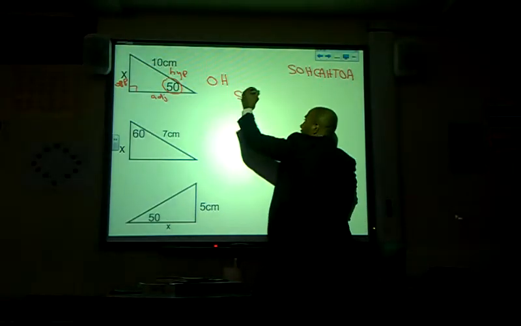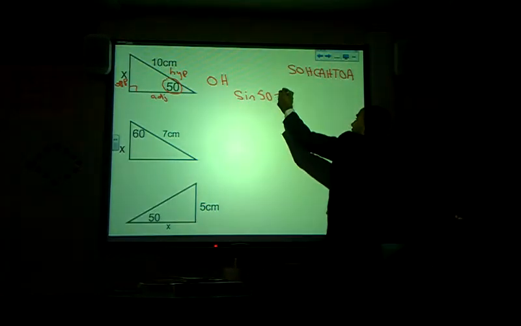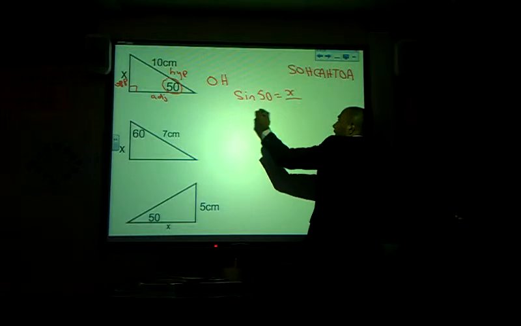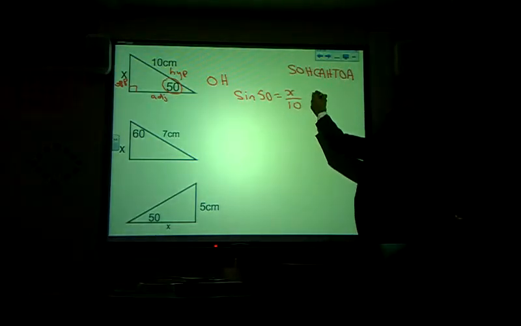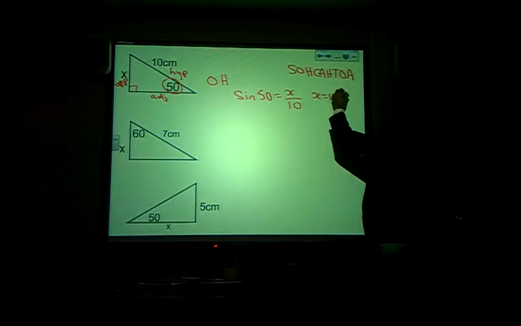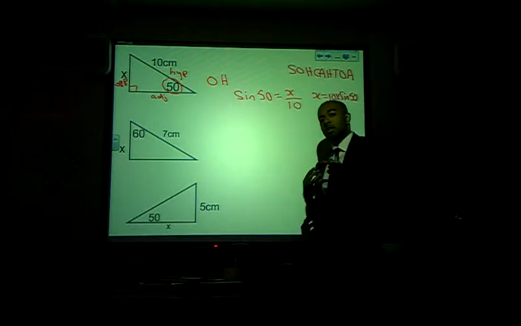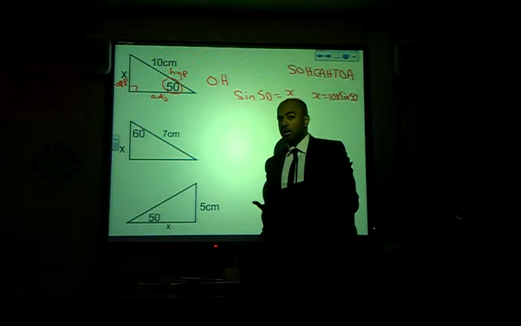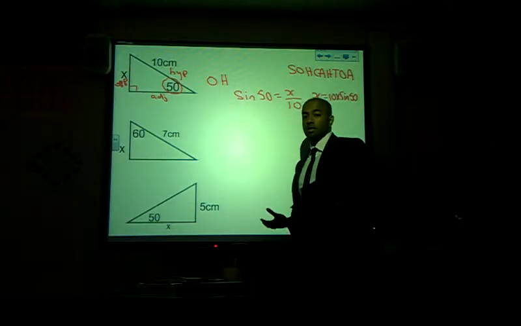So it's the sine of 50 is equal to the opposite, I don't know that, over the hypotenuse, which is 10. So now x will be equal to 10 times sine 50. Plug it into your calculator and your answer is given to you, and you round it to 2 decimal places or 2 significant figures, whatever they ask you to do.